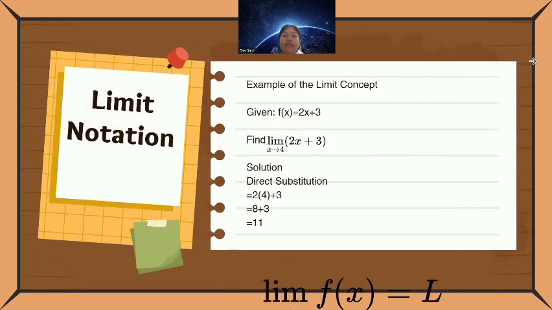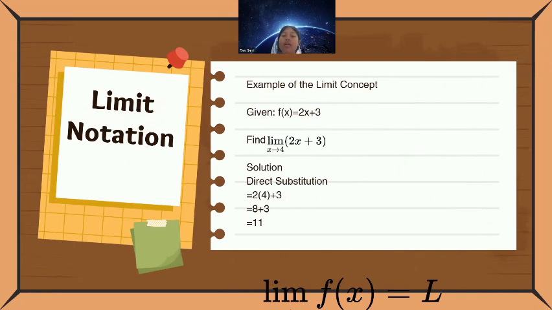Next, let's see a simple example. Suppose we have the function f(x) equals x plus 3. We want to find the limit as x approaches 4. Since this is a polynomial function, we can use direct substitution, substituting 4 into the function.